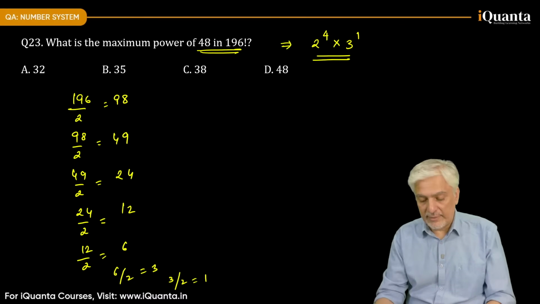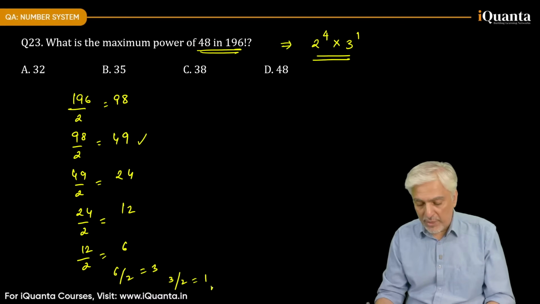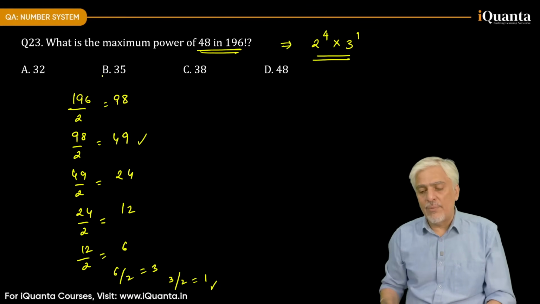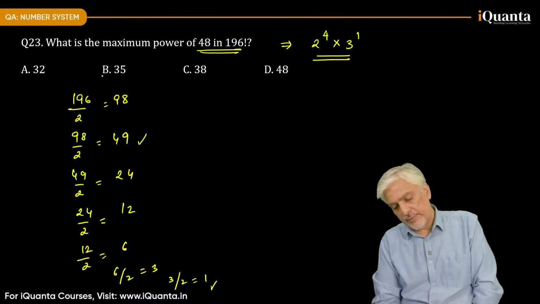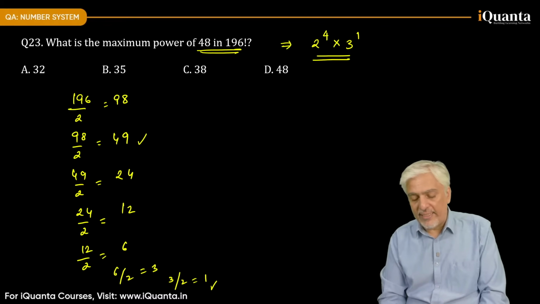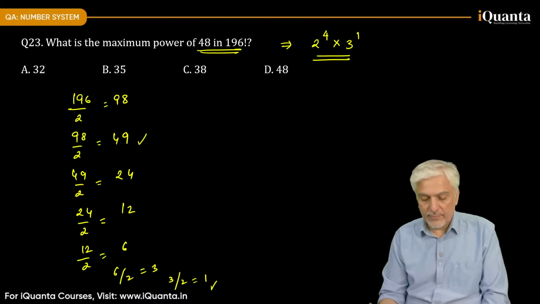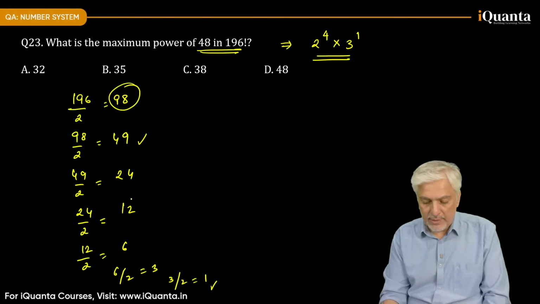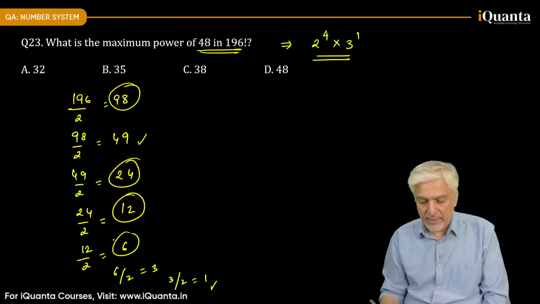How much is this? Add. Come on, I'm not going to add. Just add and tell me how many 2s we are getting. 50 plus 110, 160, 160 plus 30, 190.